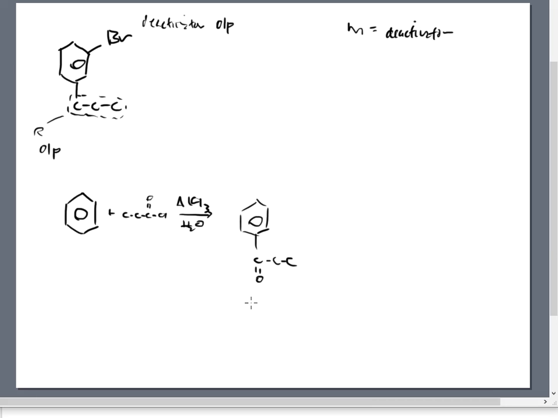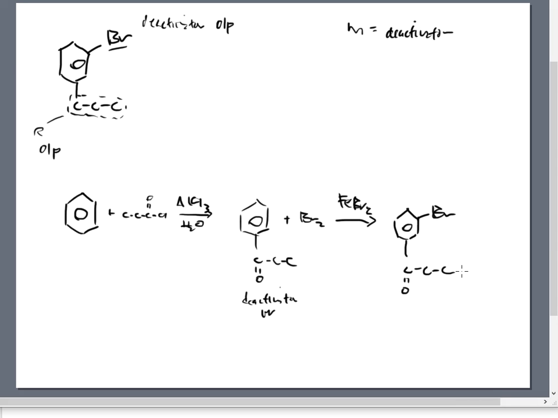This group, though, now is a deactivator. That deactivator is a meta director, and that's good news. Hallelujah. The reason that's good news is because my bromine at this point is in the meta position. So before I do anything else to this group, what I want to do now is add my bromine with my FeBr3, and that will put my bromine on the position where I need it to go. There we go.